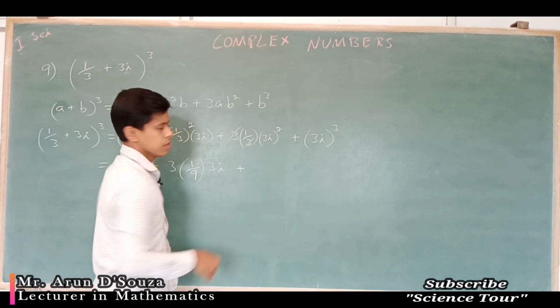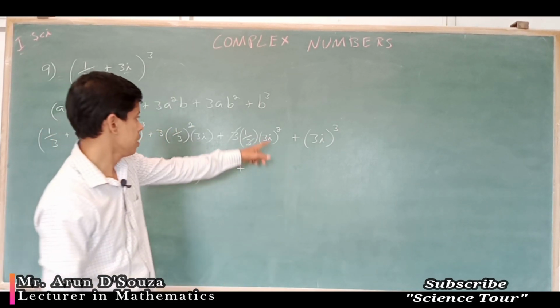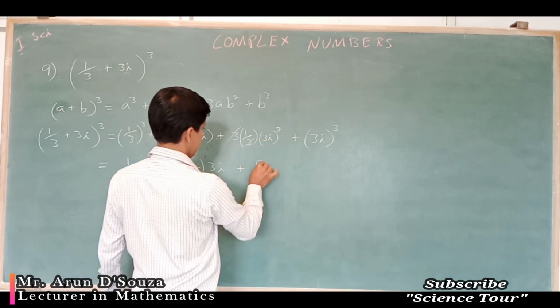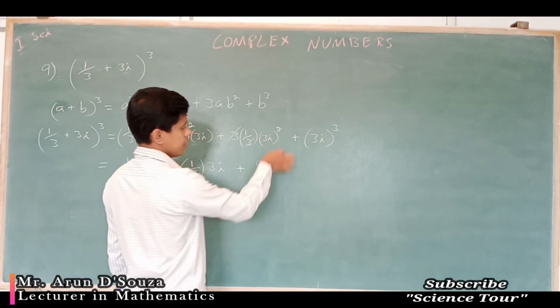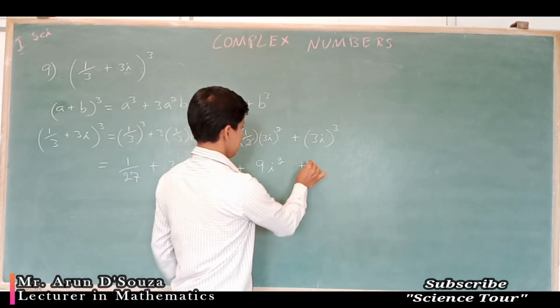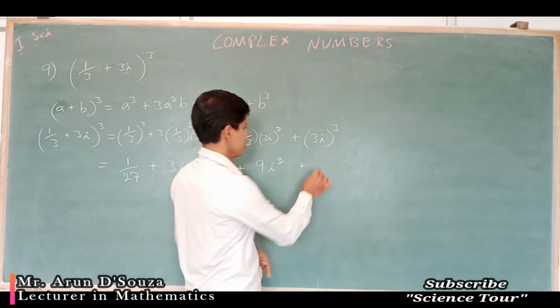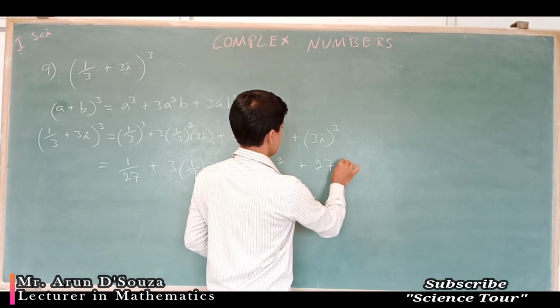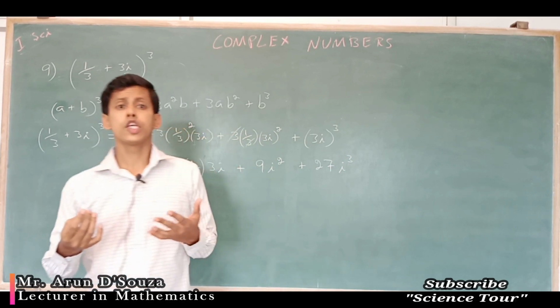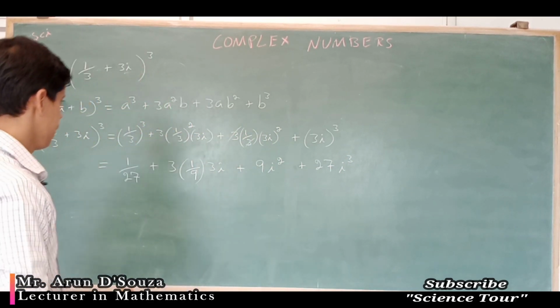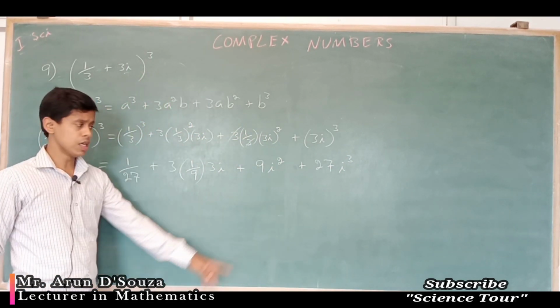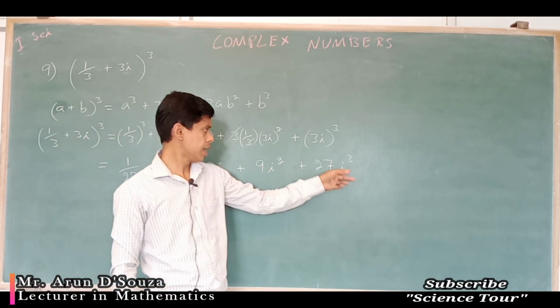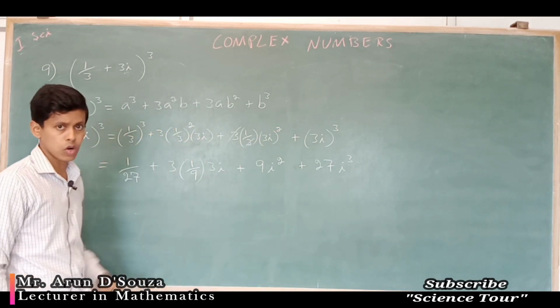Here, straight away you can cancel 3, and this is 3 square, 9, and i square, plus, see, 3 cube here, so 3 cube is 27 and i cube. Well, now what are the things you can replace? i square and i cube. So these are the two things you got to replace.